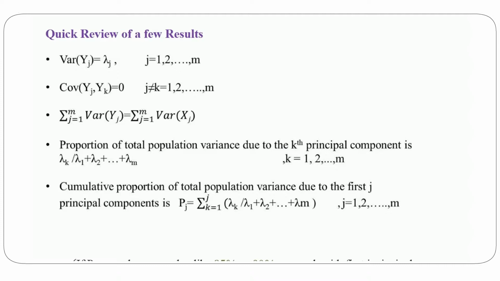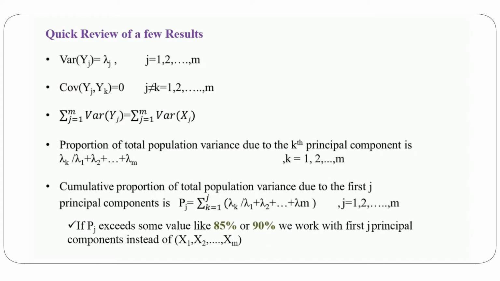It is given by the summation k from 1 to j of lambda k divided by lambda 1 plus lambda 2 up to lambda m, and j runs from 1 to m. If this Pj value exceeds some predefined percentage like 85% or 90%, then we work with the first j principal components instead of the original set of variables x1, x2, xm.